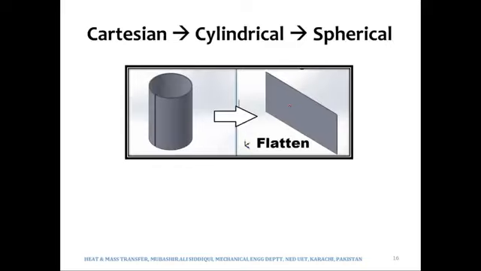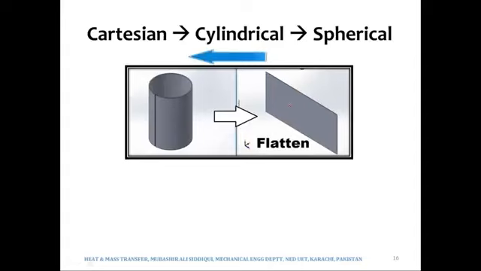Kindly listen to this very carefully. Cartesian coordinate system means three lengths, x, y and z, just like your register, your writing pad. If you write on that register, it is a Cartesian coordinate system. However, if you roll your register, it becomes a long cylinder.